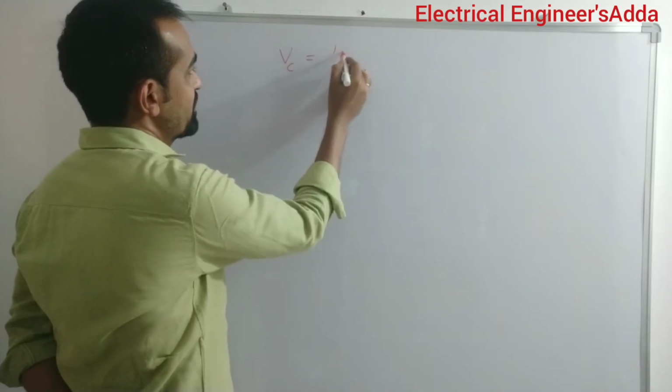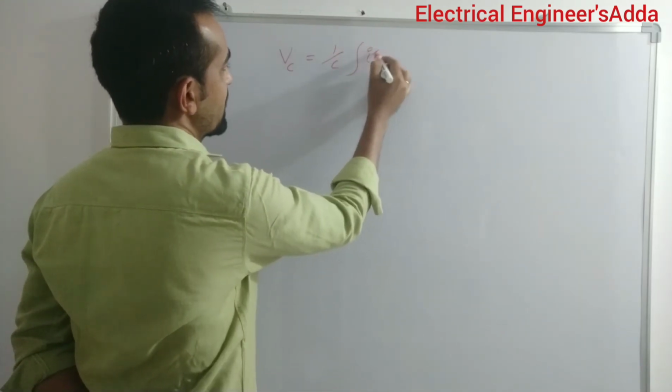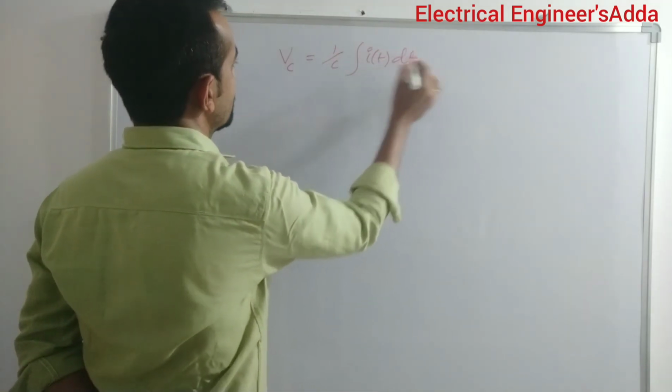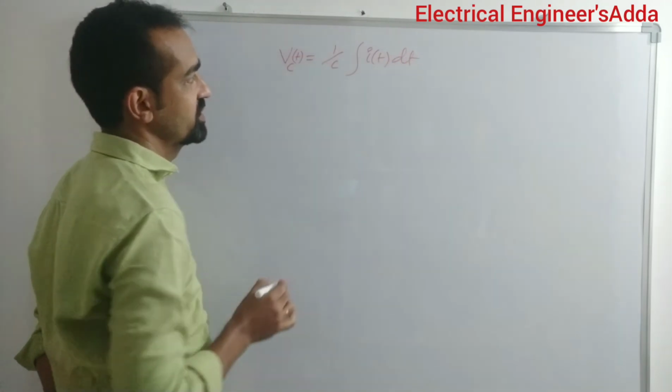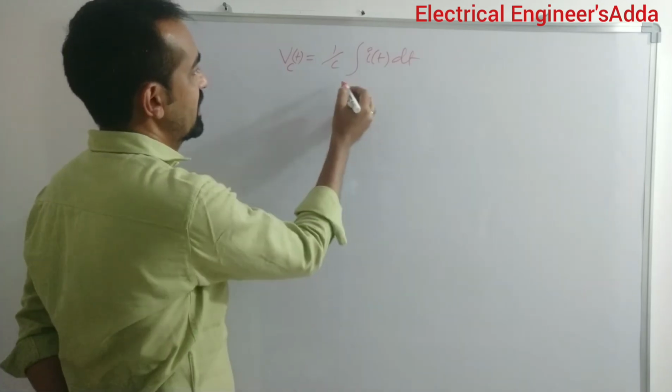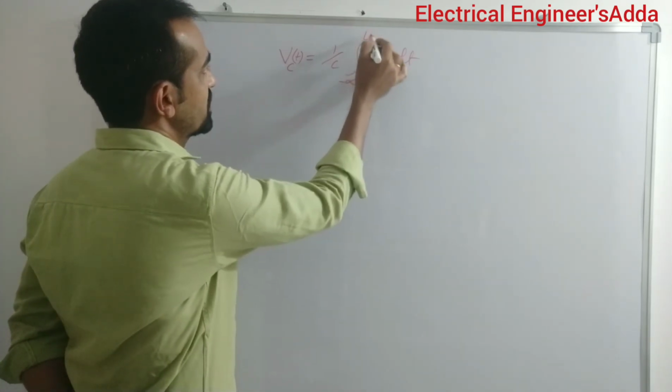If we take the voltage across the capacitor, the formula is 1 by C integration of I of t into dt. Here, Vc of t is equal to 1 by C integration of I of t into dt. The limits are minus infinity to t.